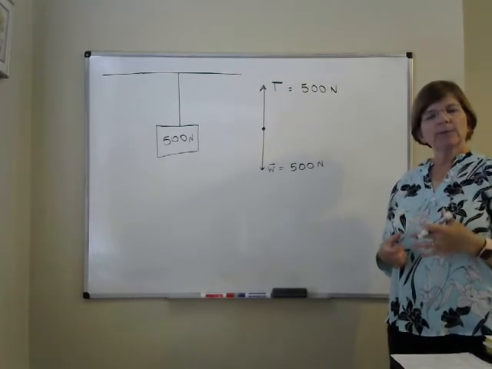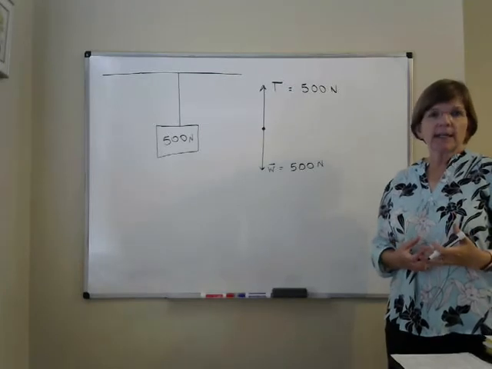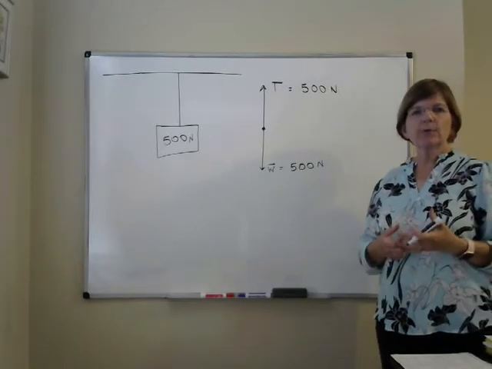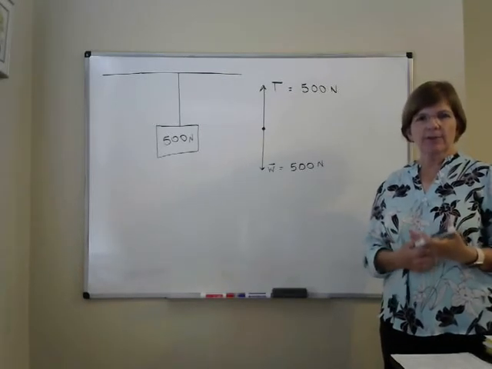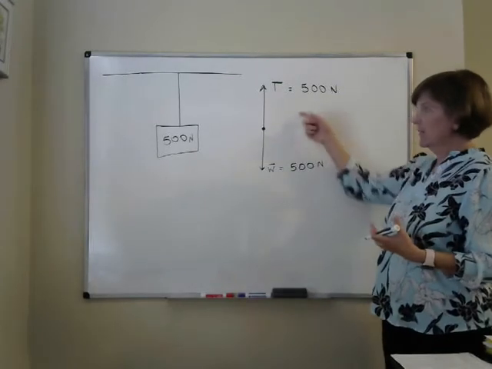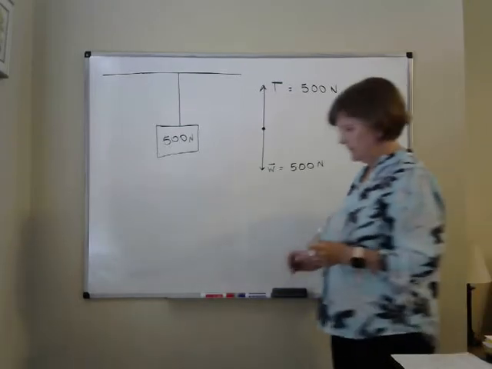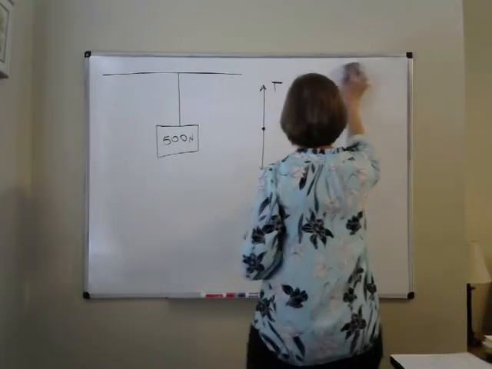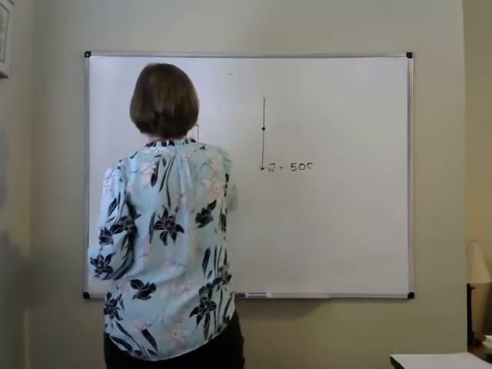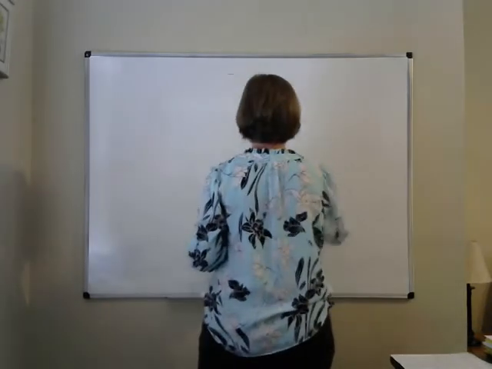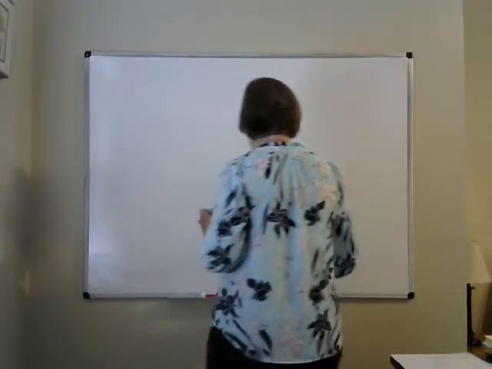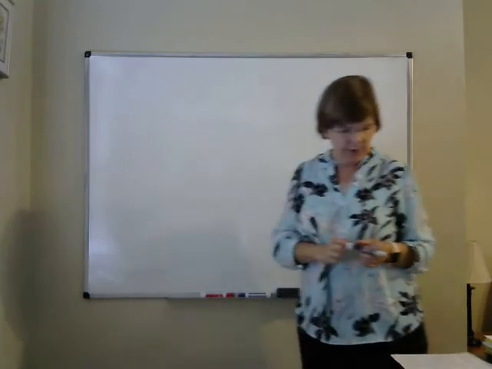So if the weight is pulling down 500 newtons, then the tension, that upward pull of the cable, has to be 500 newtons. And a free body diagram makes that really obvious. Okay, so on that, let's move on to Newton's second law.